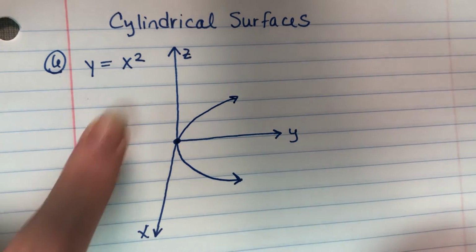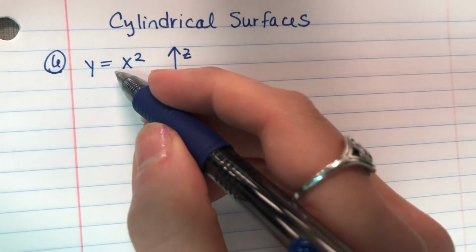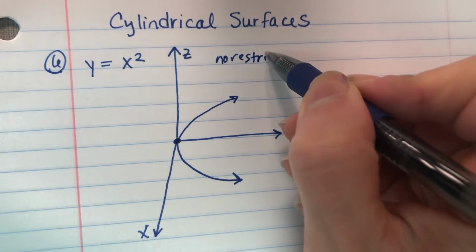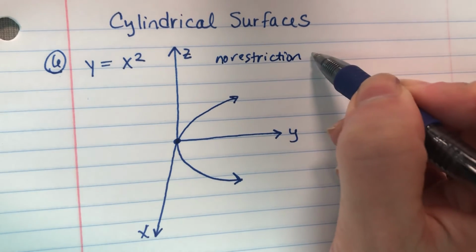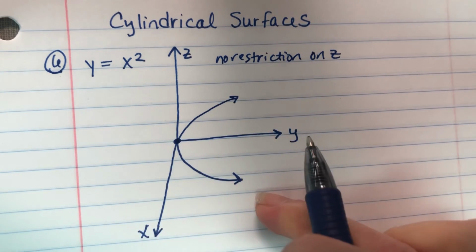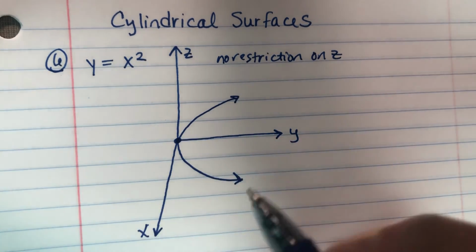This is a very rough sketch. But I want you to notice for 3D, there's no restriction on z here. So for this parabola, z could be anything vertically, up or down.